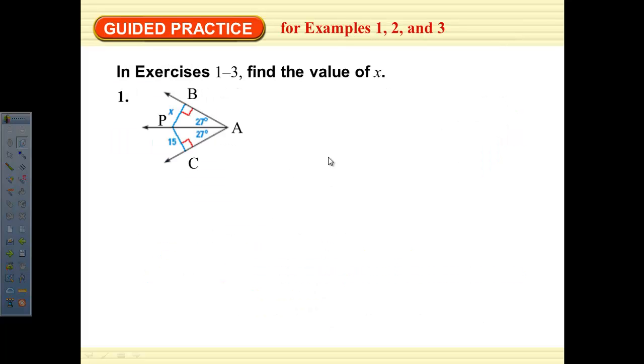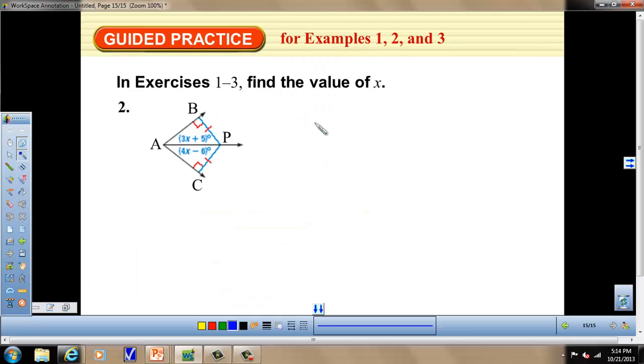Okay? And here's another one. Again, this is an angle bisector. That tells me that these two lengths have to be equal, so PB and PC would have to be equal. X would have to equal 15 here. Here's another one. We know that PB and PC are equal, therefore these two angles are equal, and we would be able to write that 4x minus 6 is equal to 3x plus 5.